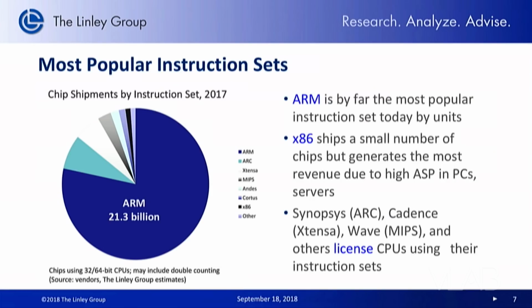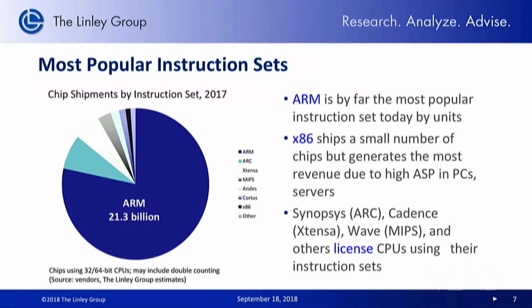This gives you an idea of how popular these instruction sets are by unit volume. ARM is by far the leader. More than 20 billion chips last year used an ARM CPU. And then there are several other kinds of CPUs available today, a lot of them licensed from companies like MIPS, ARC from Synopsys, and Cadence with Xtensa.